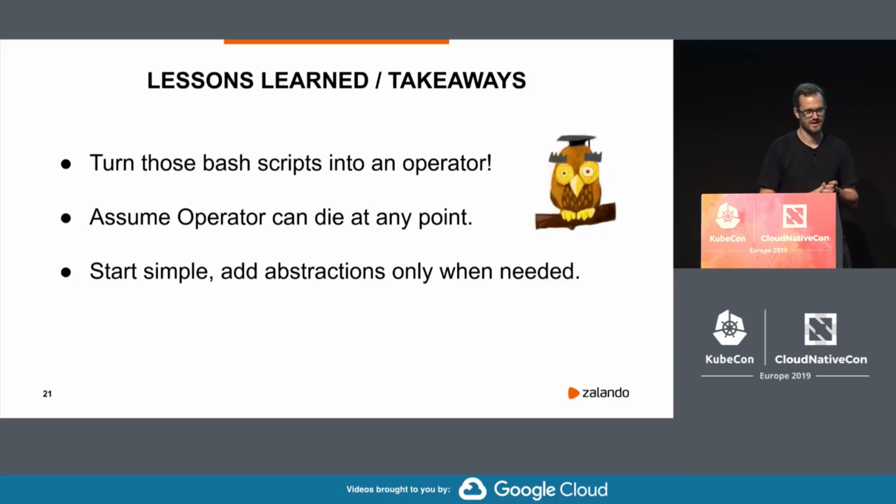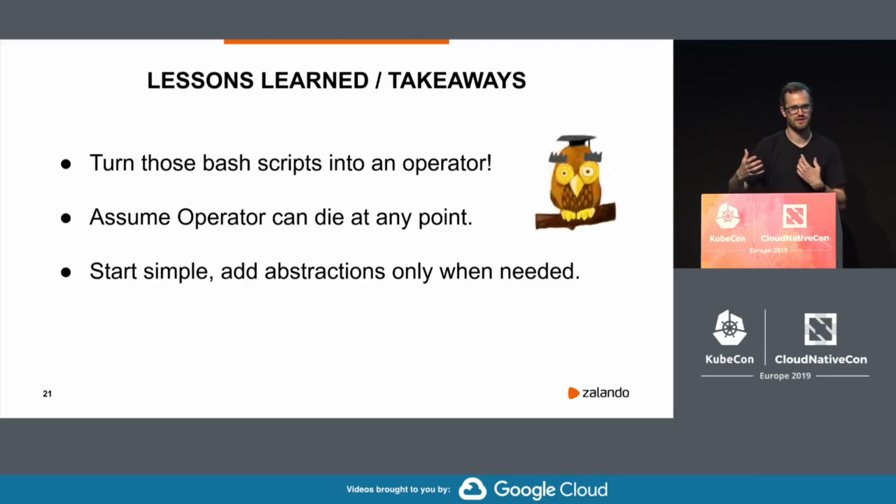I also think, and maybe this is a personal opinion, that you should start simple and add abstractions only when you need them. We started with the stateful set by itself, where we tried to just use that. This was too simple, and then we identified why we needed this abstraction. We needed to have the replicas stored somewhere else, and we needed to be able to update the resource without affecting the existing replicas and starting the thing to scale up and down unexpectedly.